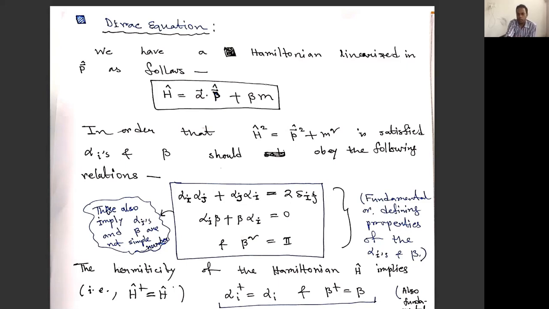By the way, if these are matrices, I should also put an identity matrix, right? Because on this side, delta ij is just a simple matrix element of some 3 by 3 matrix. But each of these alpha i's, if alpha 1 is a matrix and alpha 2 is a matrix, their product is also a matrix.